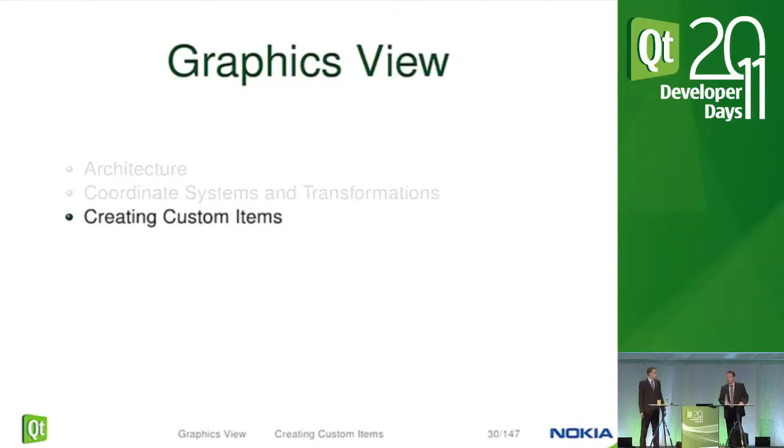We have seen the basics of QGraphicsView. We've seen the coordinate system stuff, which is definitely going to be a key part when you start working with QGraphicsView. The final thing we'll talk about for the next 15 or 20 minutes are custom items in QGraphicsView. So you are implementing a 2D version of Wolfenstein.